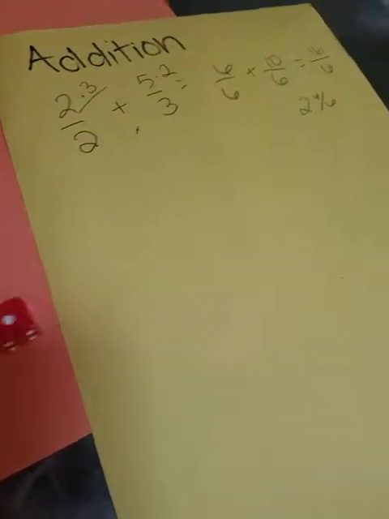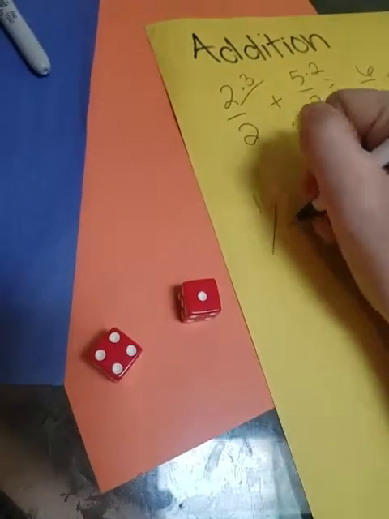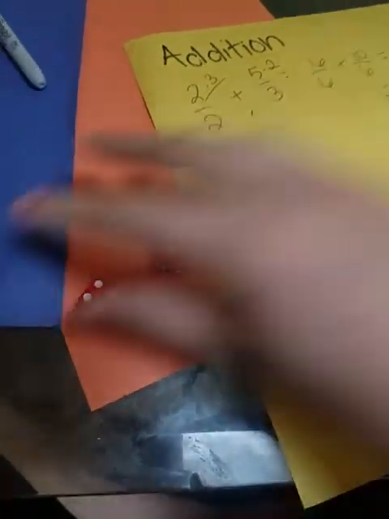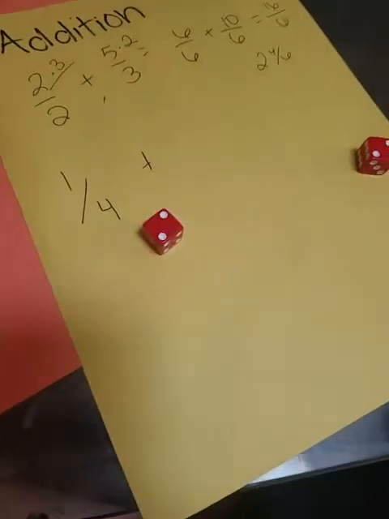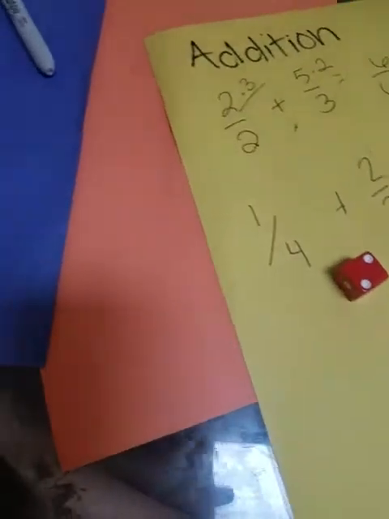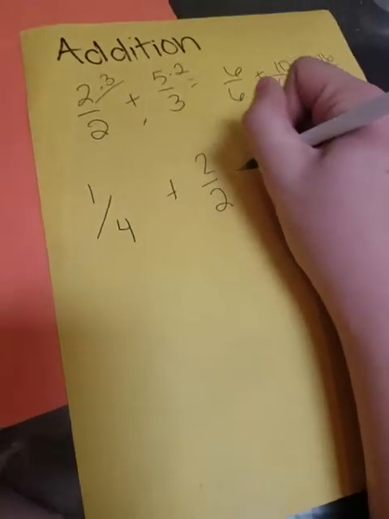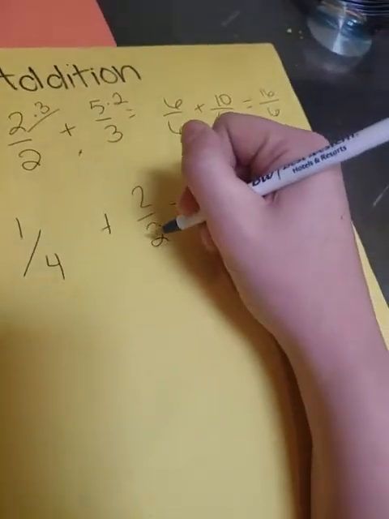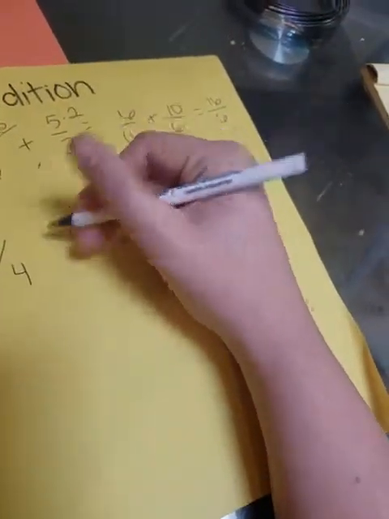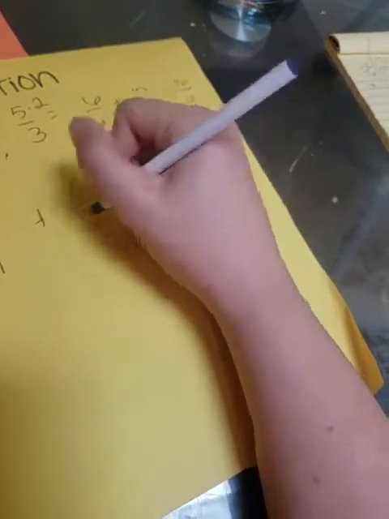Okay, for the next one, we're going to have 1 over 4 plus 2 over 2. This will be kind of easy because we won't have to change one of the denominators. 2 can go into 4, so we could just multiply this by 2 to equal 4.